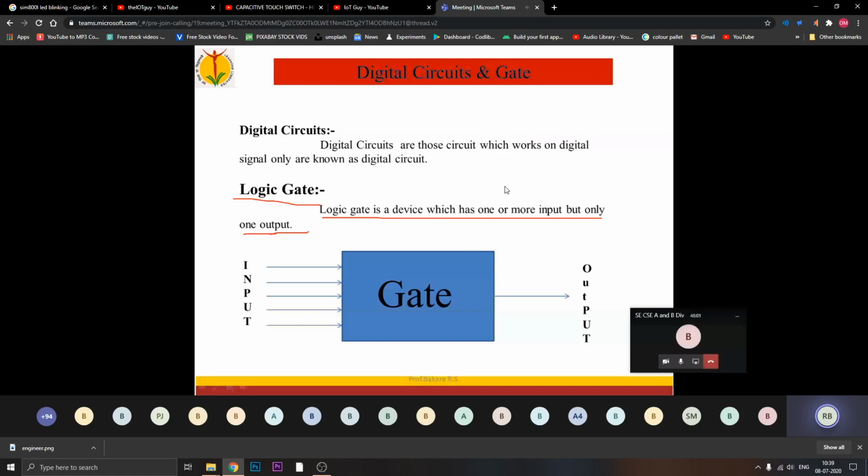This is also a definition of logic gate, but the very simple and general one is that it has one or more inputs but only one output. This is the logic gate block diagram. It has inputs and an output, one or more inputs but only one output.